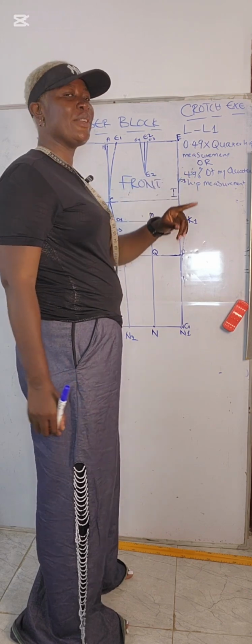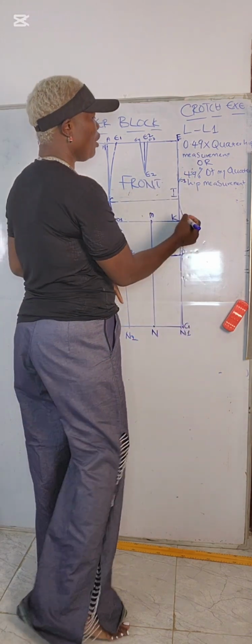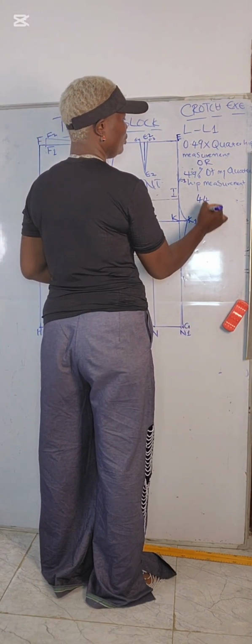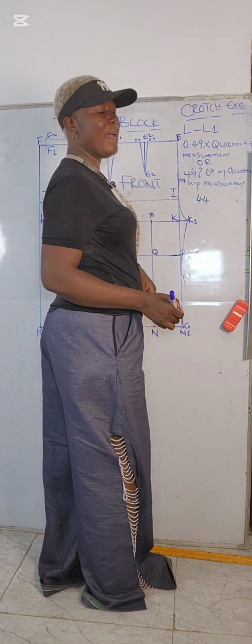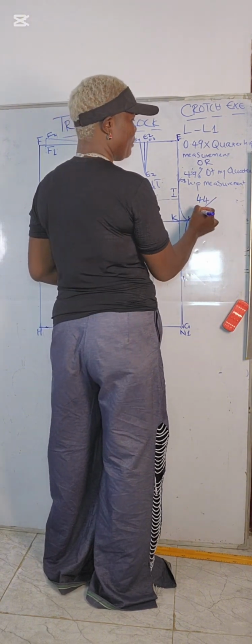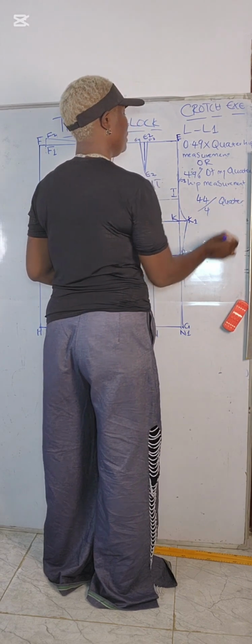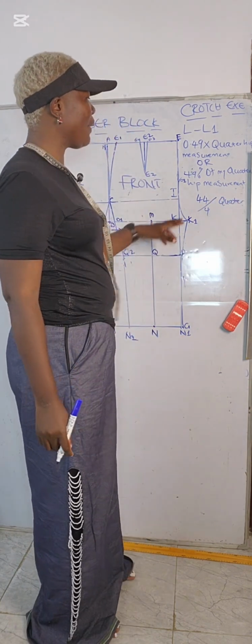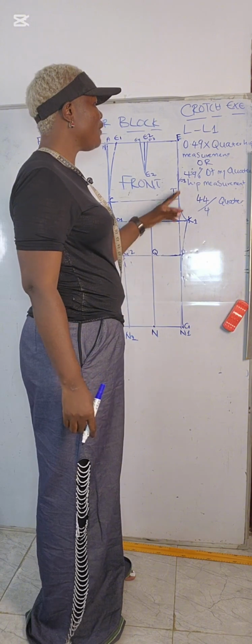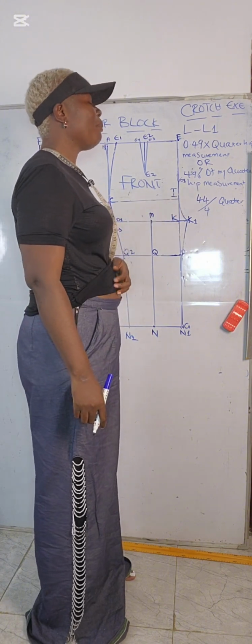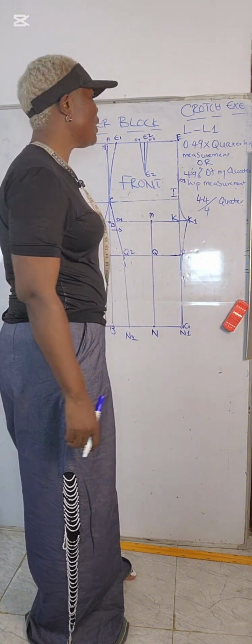So my quarter hip measurement, remember my hip is 44. My quarter hip measurement is 44 divided by 4. This is called my quarter hip measurement. So for us to get our crotch extension, we need 49% of our quarter hip measurement.